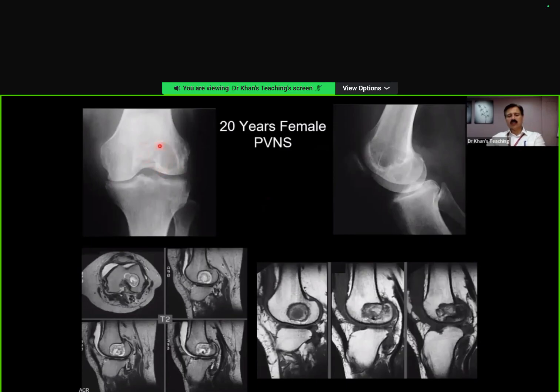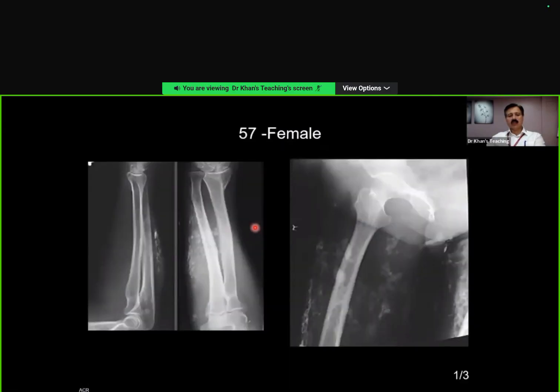Another case where there was an intraosseous component, and on MR you can see that it has gone into the bone. Last few films of the day, and then we are finished. What do you think this is? These are radiographs of the forearm and right femur of a 57-year-old female.